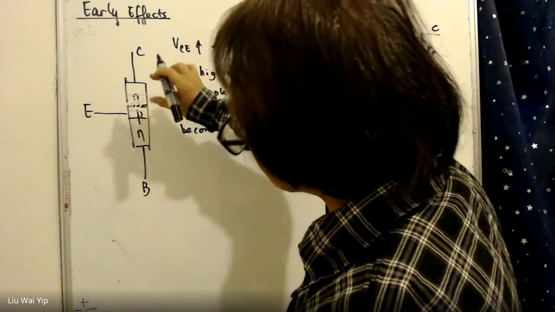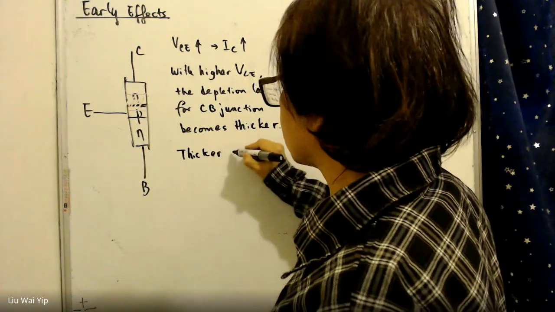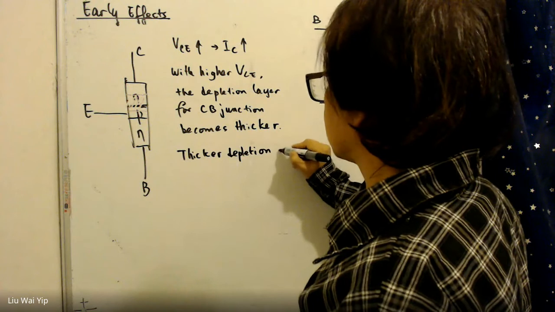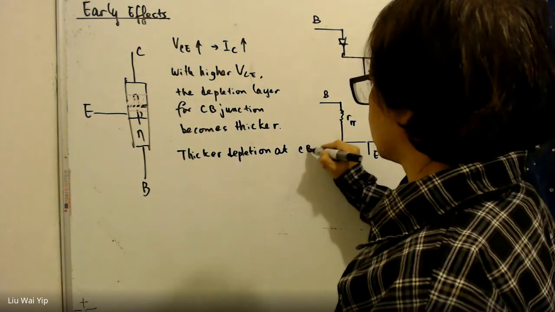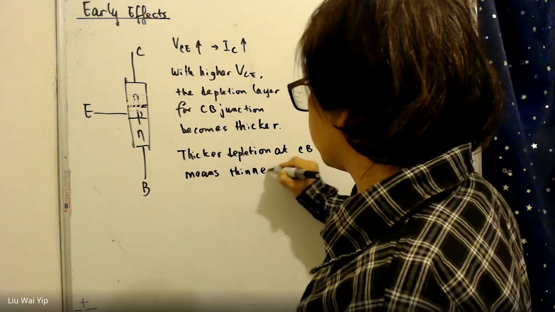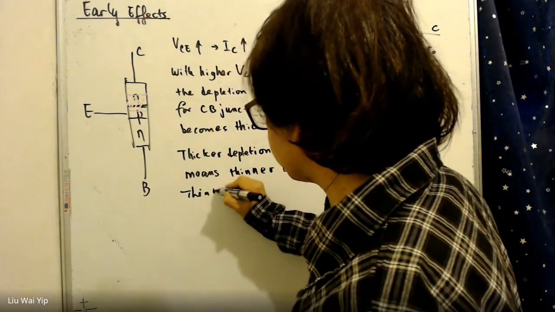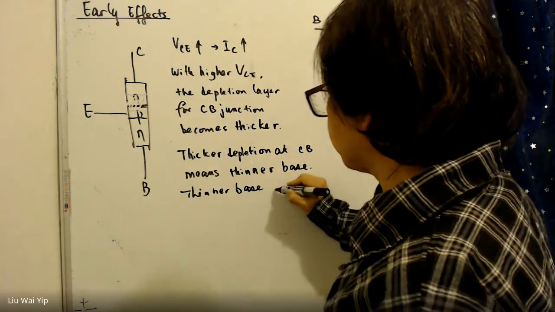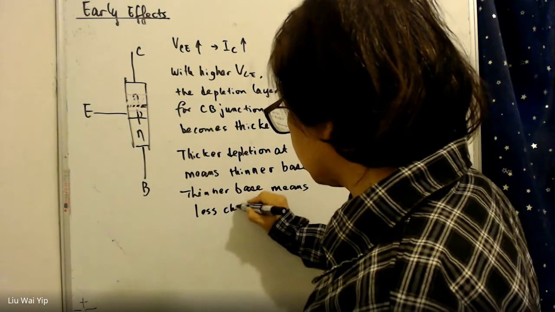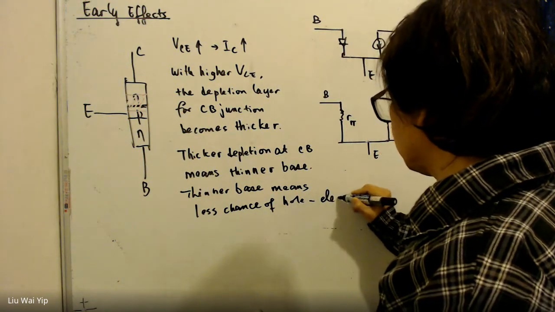And a thicker depletion region means a thinner base. And a thinner base means less chance of hole and electron recombination.